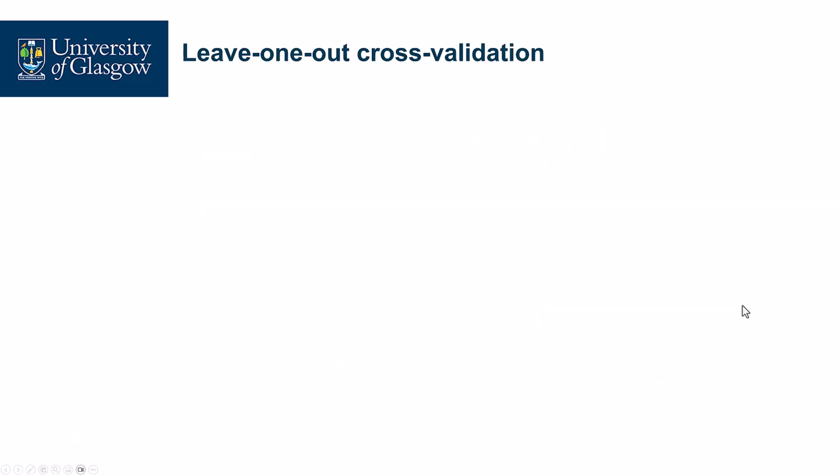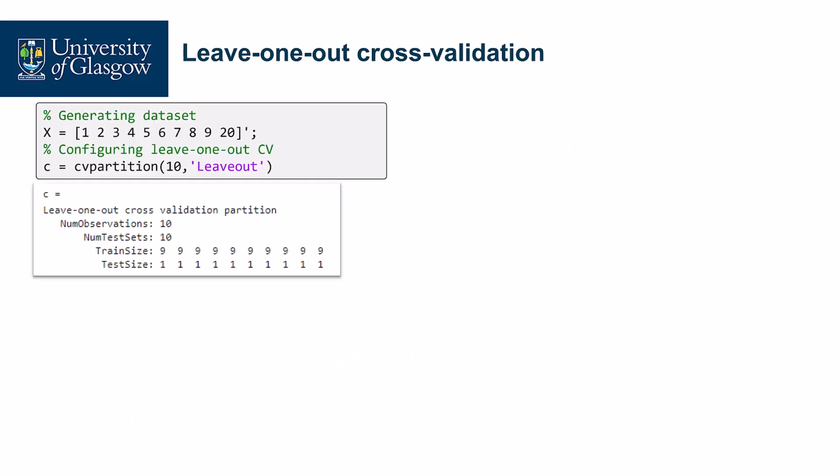How to implement it? Here I show one example. I generate a data set, 1 to 9 and then 20. I still use cvpartition, with the size of X, and then I use leaveout. Here is the result. It provides me 9, 1, 9, 1.